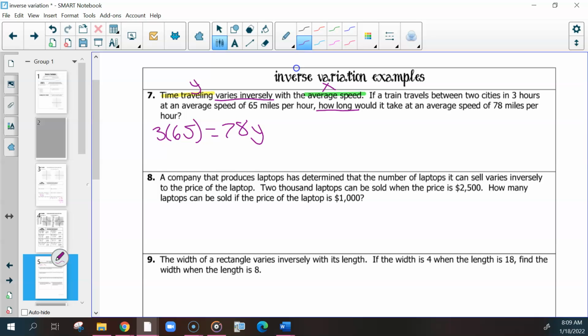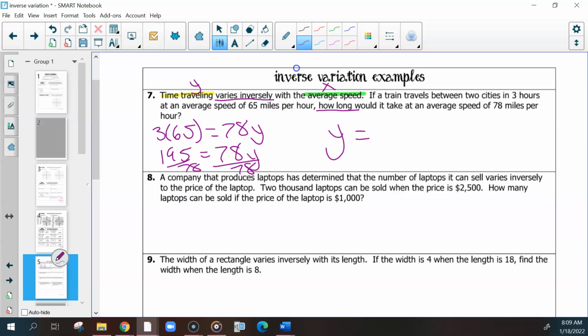I heard 195. 195, thank you. And then divide that by 78. Two point five.